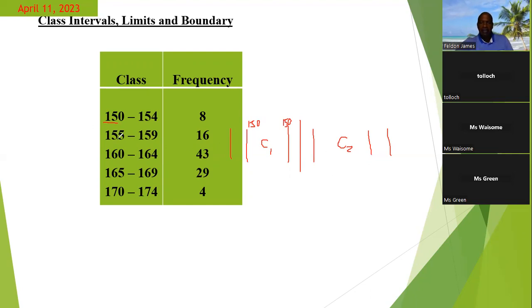Now the next class, which would be... That should be 150 again, or you should have 154. 154 is supposed to be there. I don't know why I put 150, but maybe because I'm a little bit exhausted. All right, so it's 154. Now for the next class, which is the second class, the lower limit is going to be 155, which is going to start here.